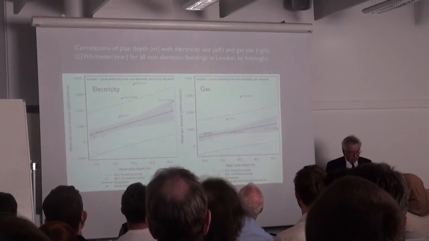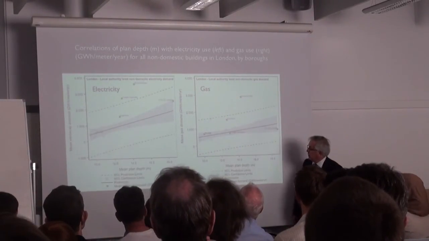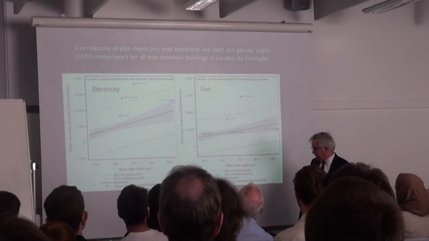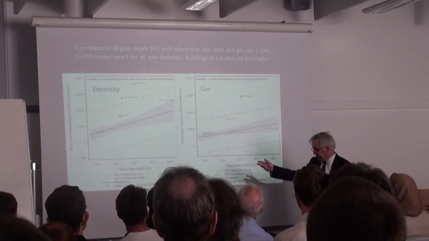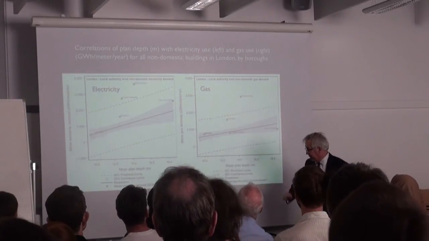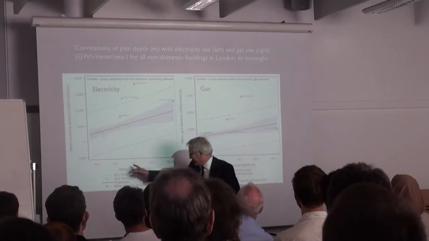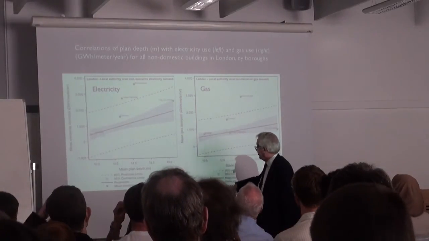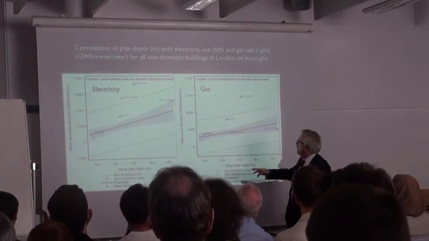So these are regressions of electricity and gas against plan depth. And in this case, we've actually doubled plan depth, but doubled half plan depth. So this is actual depth measured in the way described, going up to 18, 20. Again, by boroughs.